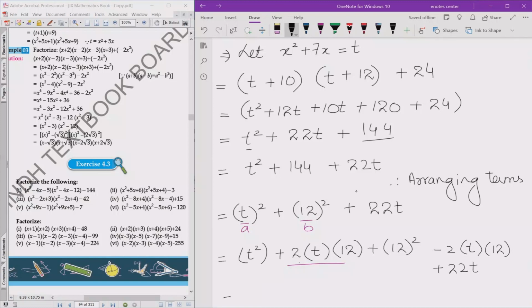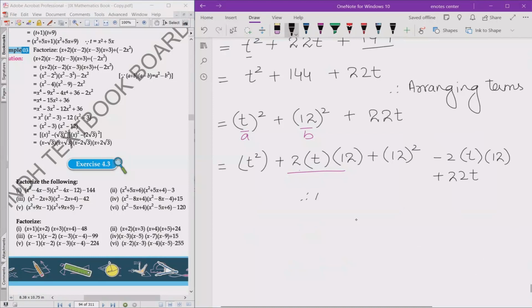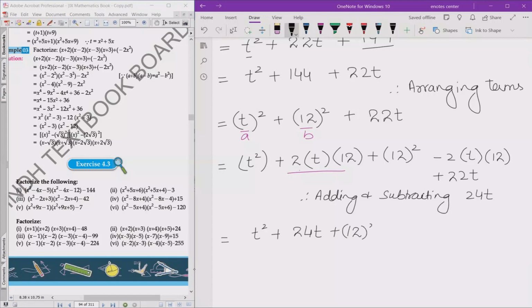Here we will give the reference, adding and subtracting 24t, right? Now we have t squared plus 24t plus 12 squared, and this one is minus 2t, right? So we will arrange it this way: t plus 12 whole squared minus 2t. Now this cannot be further simplified.